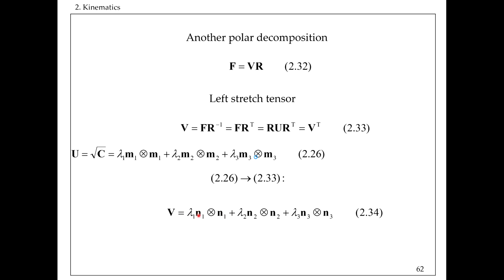So that means that these tensor products of, for example, n1 ⊗ n1, n2 ⊗ n2, and n3 ⊗ n3 are obtained by multiplication of m1 ⊗ m1, m2 ⊗ m2, and m3 ⊗ m3 by R from the right and R transpose from the left, meaning that they are related by this formula again.